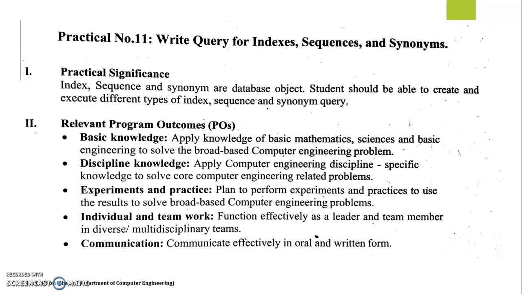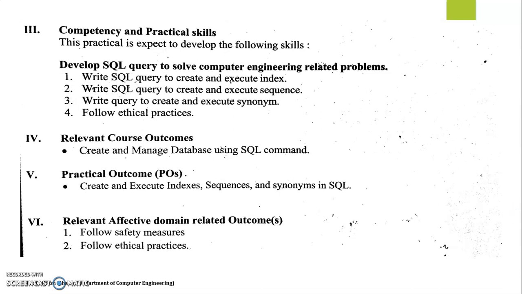Relevant program outcomes achieved in this experiment are basic knowledge, discipline knowledge, experiments and practice, individual and teamwork, and communication. Competency and practical skills: this practical is expected to develop the following skills in the students, like writing a query to create and execute an index, to create and execute a sequence, and synonyms, following ethical practices.